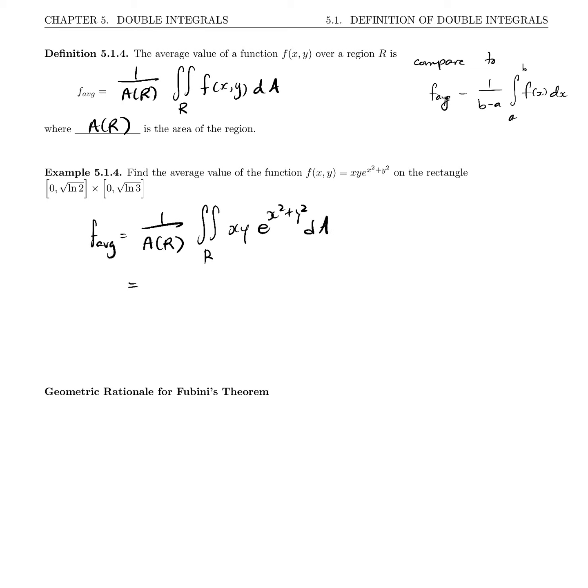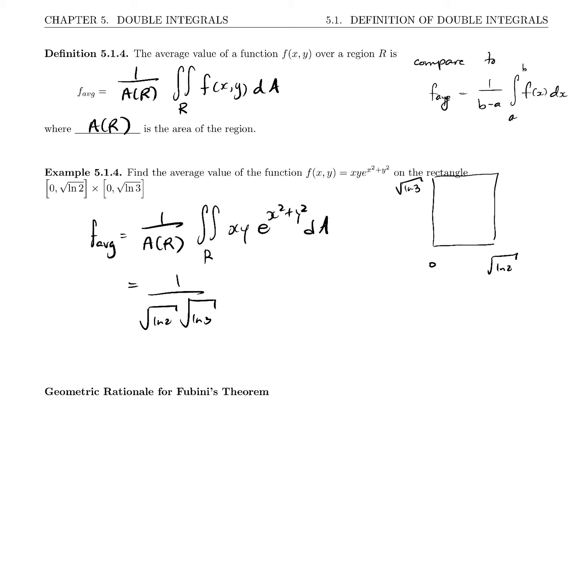Now the area, well, that's the area of a rectangle. So we have a rectangle which goes from 0 to the square root of ln 2 in the x, and from 0 to the square root of ln 3 in the y. And so base times height, the root of ln 2 times the root of ln 3 is the area.